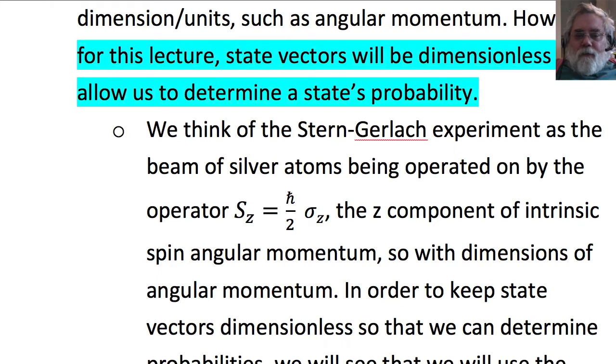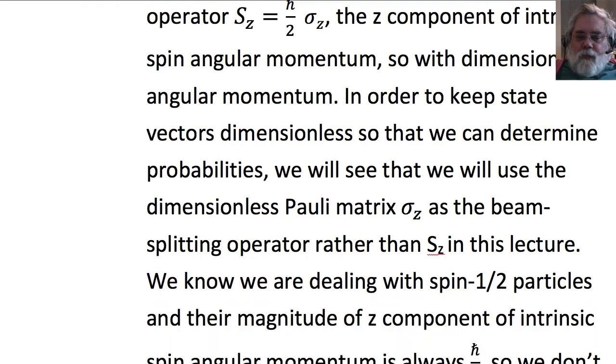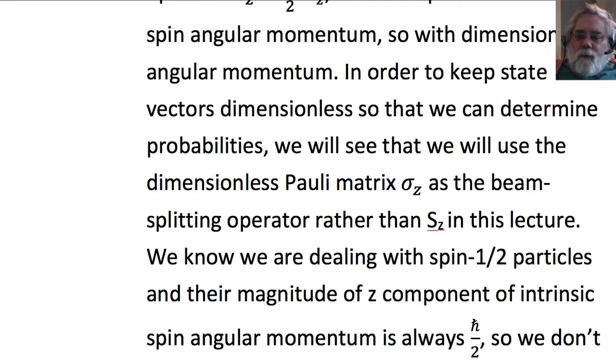Obviously here, h bar has dimensions of angular momentum, so the z component of intrinsic spin angular momentum has dimensions of angular momentum. In order to keep state vectors dimensionless so that we can determine probabilities, we will use the dimensionless Pauli matrix sigma z as the beam splitting operator rather than S sub z in this lecture.